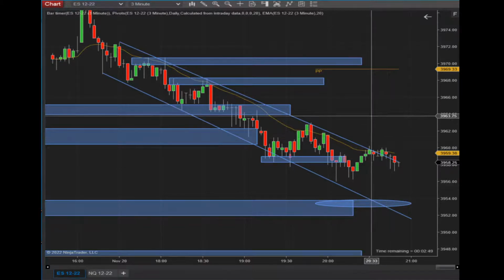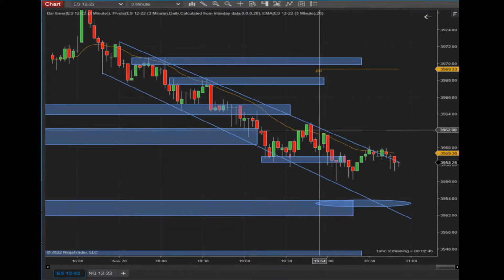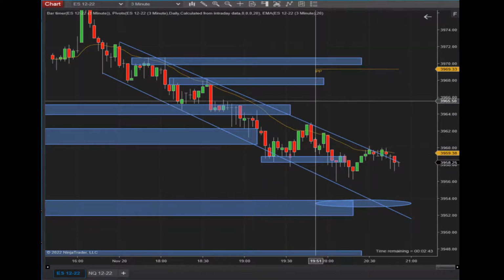Still in that range, still in this downward channel. I don't want to do anything with this until it shows some sort of conviction on where it wants to go. It's pushing 9 o'clock now, Central Time, 8:48. Just be patient, just slow.